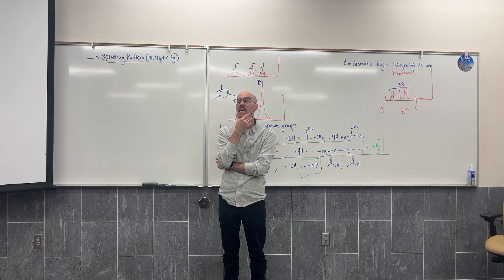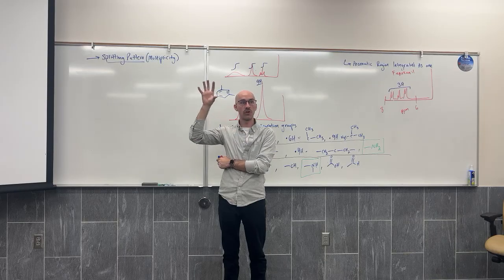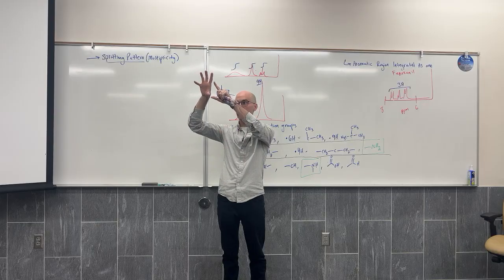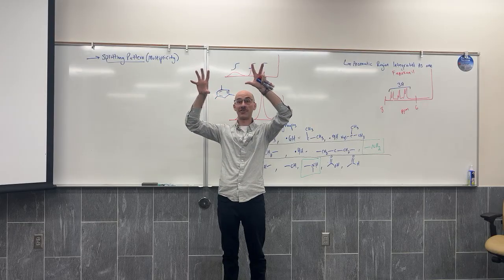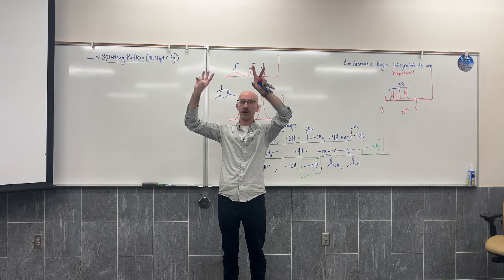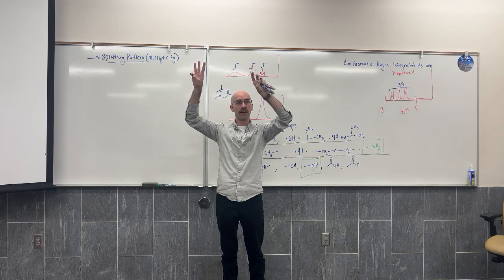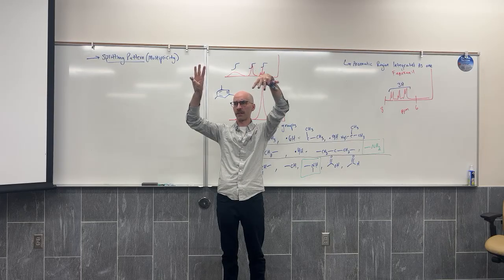So statistically, you have the chance of nuclei on one carbon communicating with the nuclei on an adjacent carbon. And when these nuclei are all spin up, these other nuclei have the chance of being all spin up, one spin down, but in different combinations, two spin down but in different combinations, or all spin down. And that gives different signals.